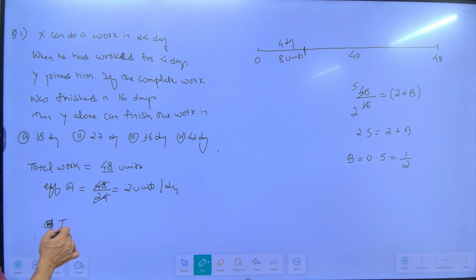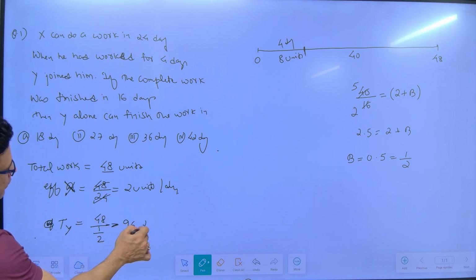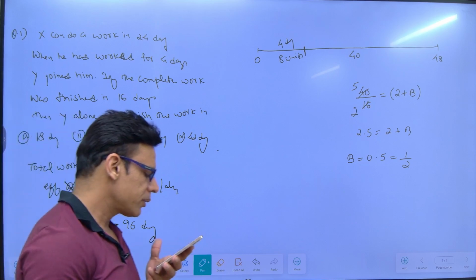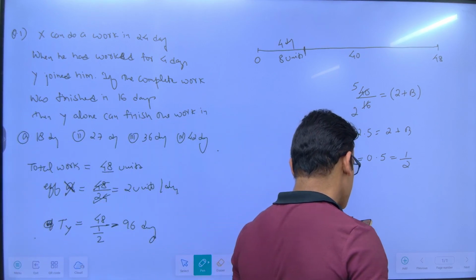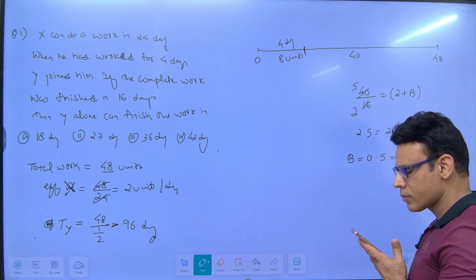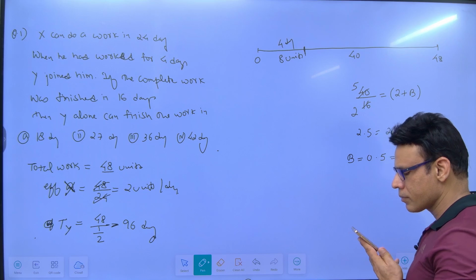So we have to find the time taken by, in this case, Y. Time is work upon efficiency. Options are wrong in this case. Okay, I took the options correctly.